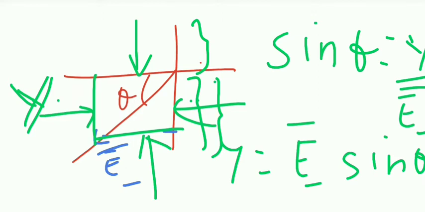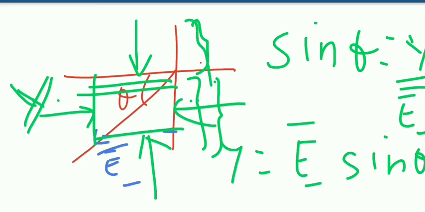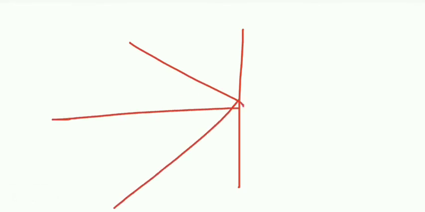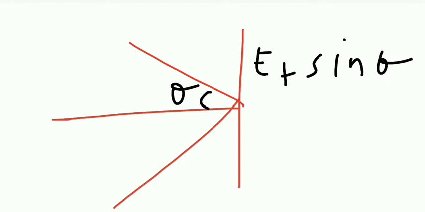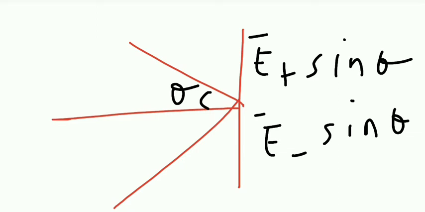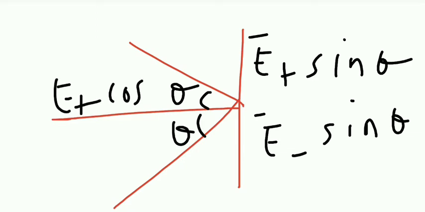Similarly, if you find cos theta, this length will be E plus cos theta, and here E plus sine theta. So this is theta. The adjacent side is E plus sine theta, this is E minus sine theta, this is E plus cos theta, and this side is E minus cos theta.